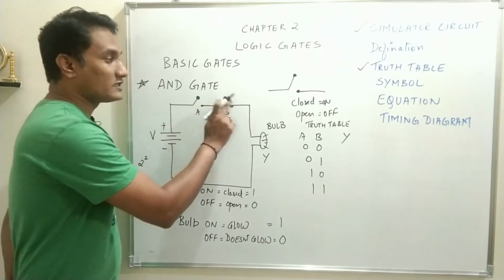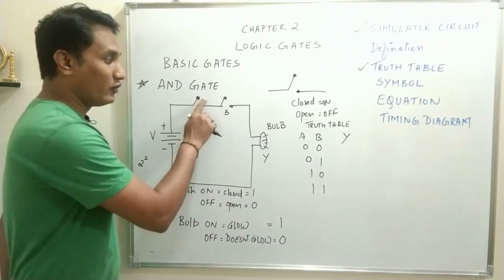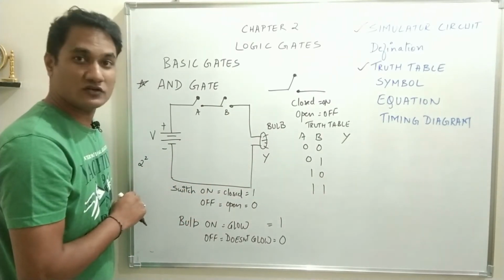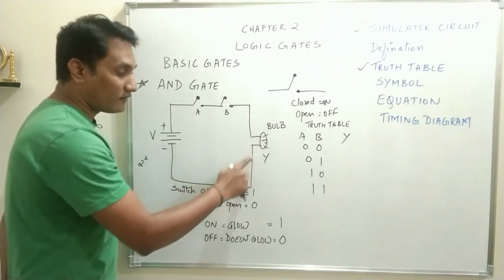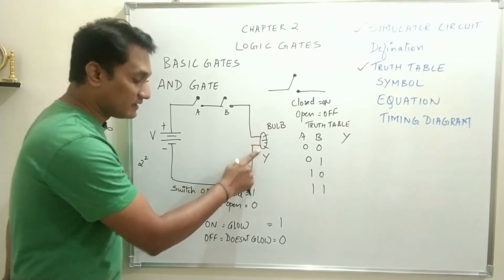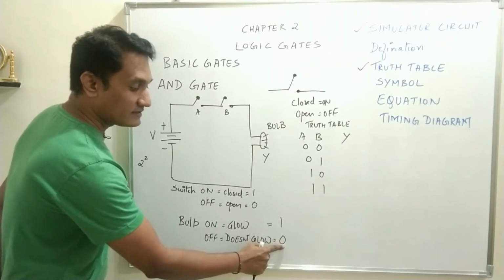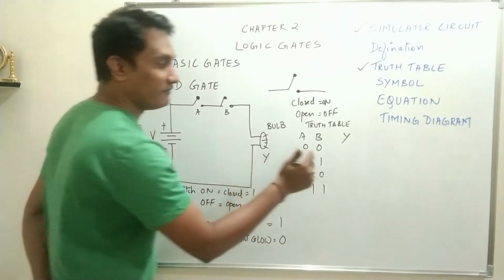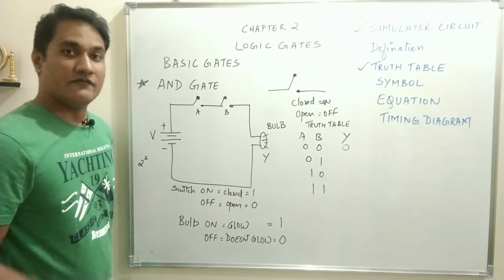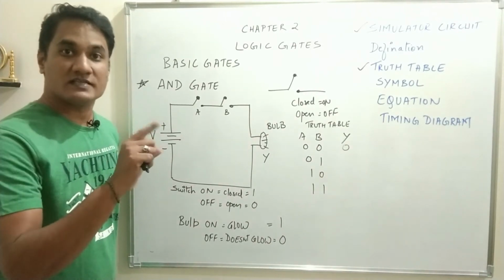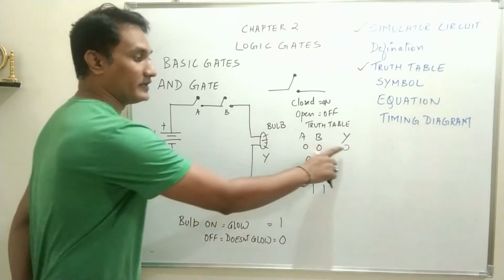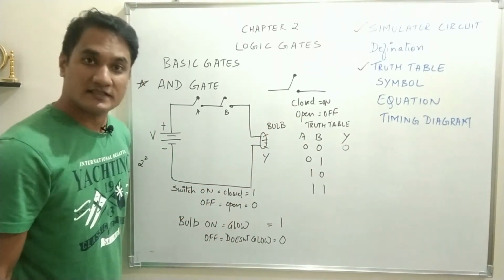But when both the switches are open, will there be any current flow through the circuit? Of course not. If there is no flow of current through the circuit, the bulb will not glow. If the bulb doesn't glow, that means the output Y will be 0. Understood? When A and B both the switches are open, no current will flow through the circuit, the bulb will not glow, and therefore output Y will be equal to 0.